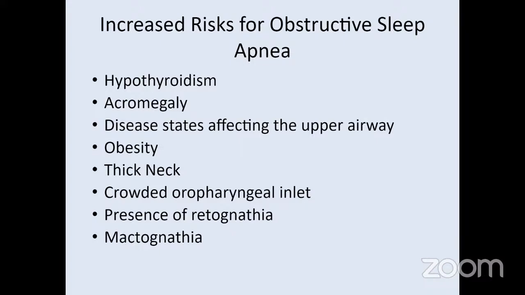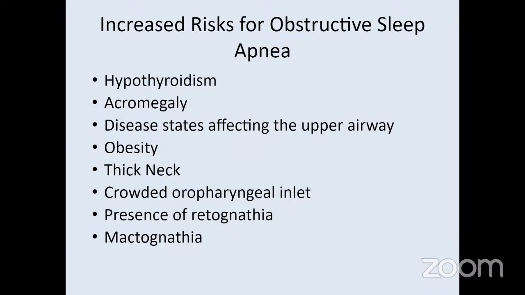So what are the conditions that increase the risk of obstructive sleep apnea? This includes hypothyroidism. It also includes acromegaly, and disease states affecting the upper airway, like tonsillar enlargement, for example. Obesity is the major causative factor for obstructive sleep apnea.